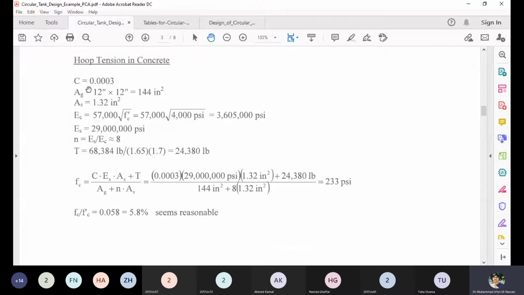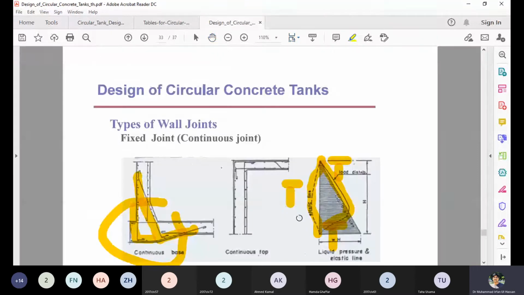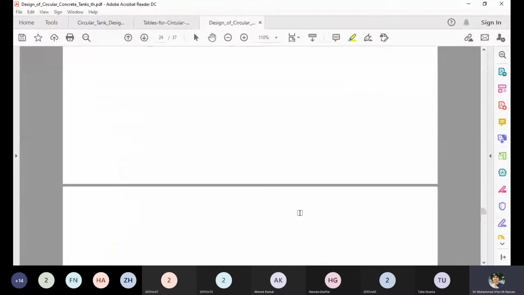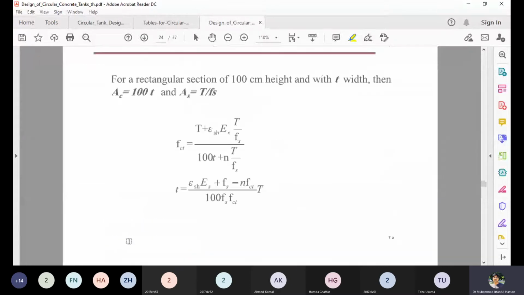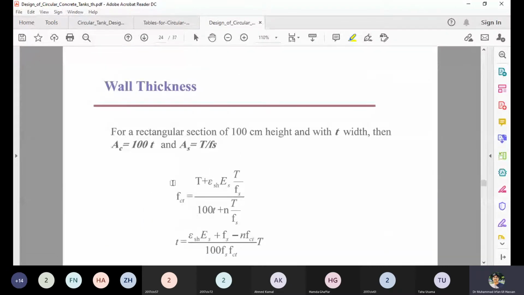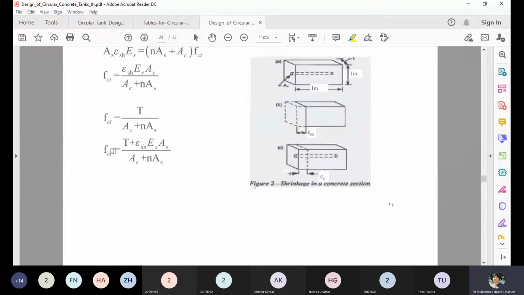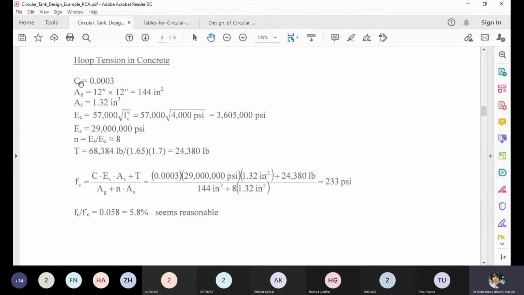For that, you will apply the same thickness expression that I explained in the handout. The thickness can be computed by these expressions, and you can compute this fct limiting strain from this formula. And now this one can be used here. You go to this one, the shrinkage strain is c here. Ag is basically the area of the concrete, actually 12-inch thickness and 12-inch.